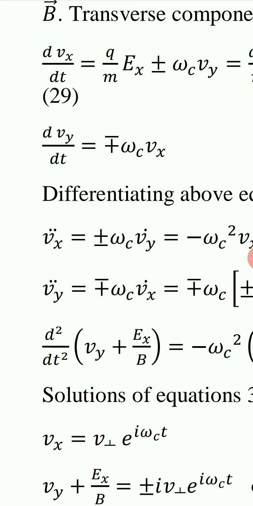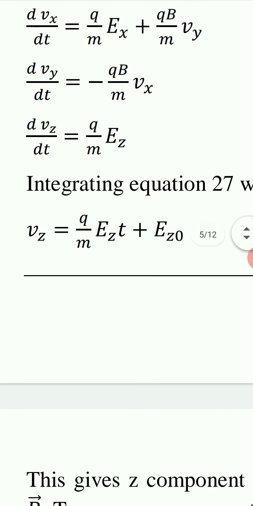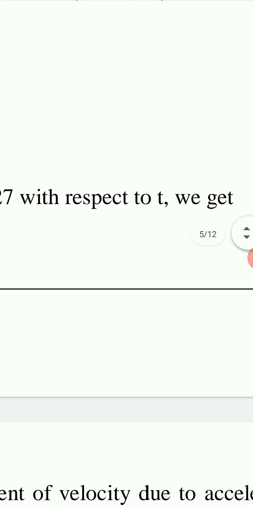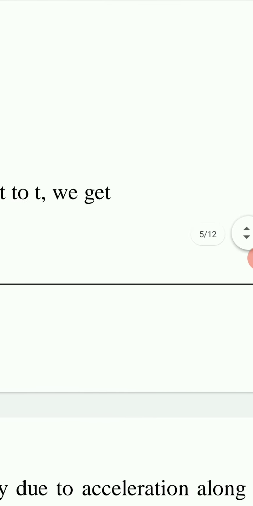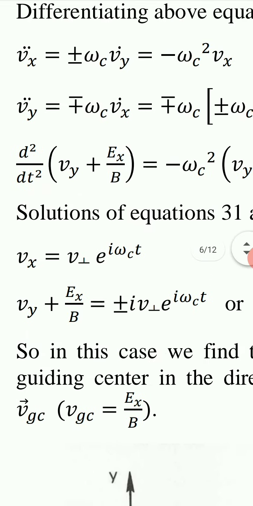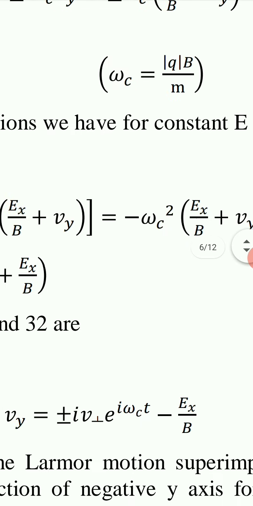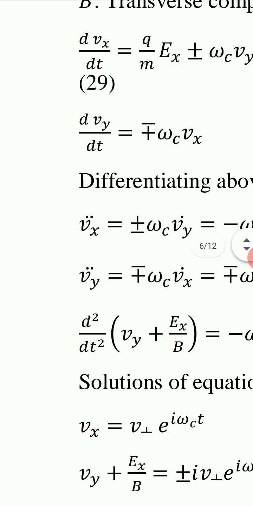We write QB upon M as plus minus omega c, and with it we have Vx. This is equation 26, substituting QB upon M as equal to plus minus omega c, we get this equation 30, dVy upon dt equal to minus plus omega c Vx.